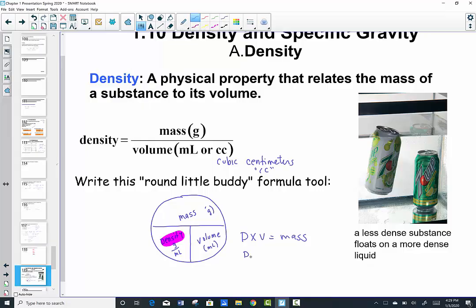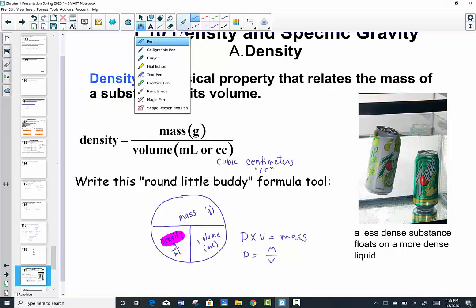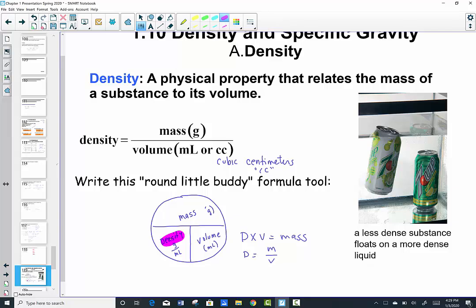Do you see how I find density then? It's going to be the unit mass over the unit volume. The last variable, let me just quickly erase that density term. I don't want to highlight that anymore. And I'm going to just quickly rewrite it.